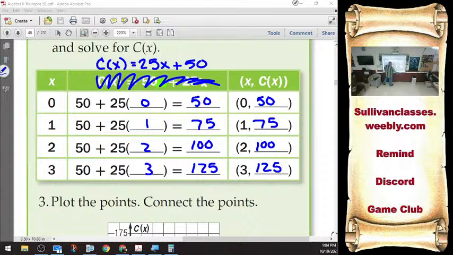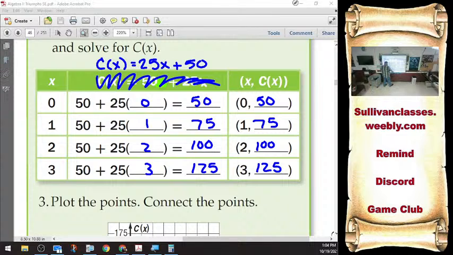And because these are linear equations, odds are you're going to start seeing a pattern with them. How many of you, after seeing 50, 75, 100, you didn't even have to do the math, you knew what was coming next? Right? So if you see the pattern, it can help you through the tables.